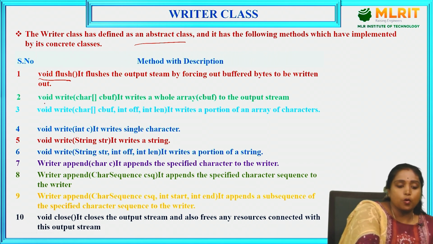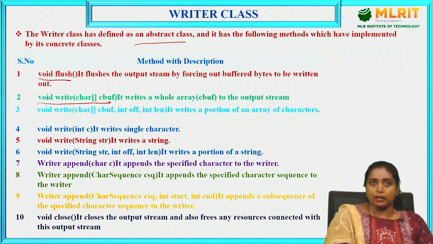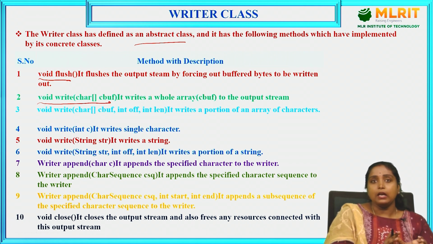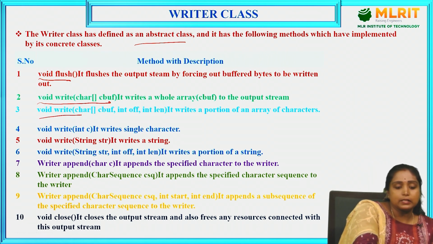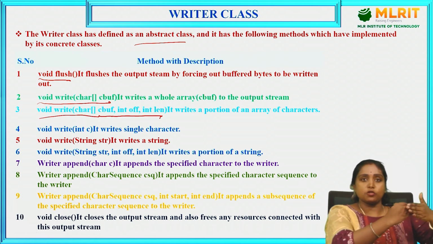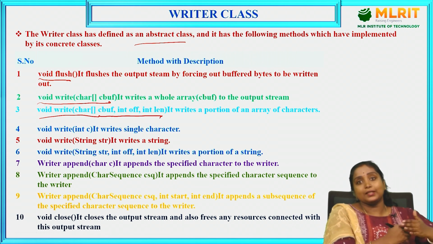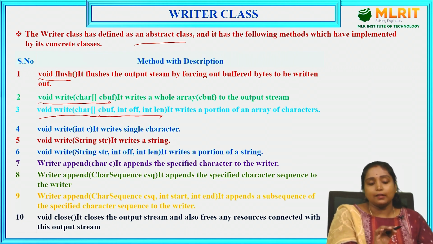Okay, so void write(char[] cbuf) writes a whole array to the output stream, and write(char[] cbuf, int off, int len) writes only some portion of the array. If you want to write only some portion, we use this method.